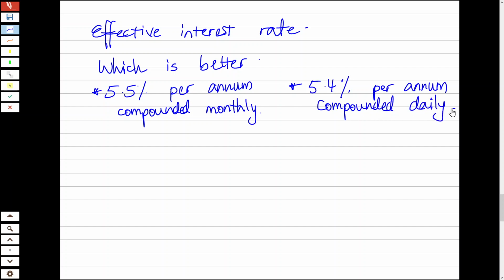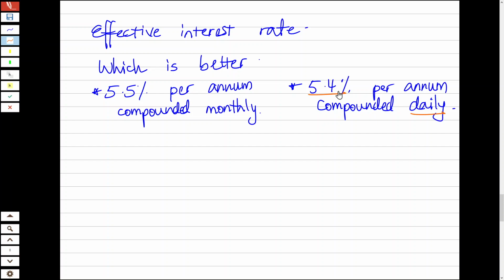Okay, have a look at this example, guys. Before I teach you how to do this question, what do you notice? That has gone down. So daily, the interest rate is smaller. Normally you might think, oh, the interest rate is smaller, so that's worse, right?